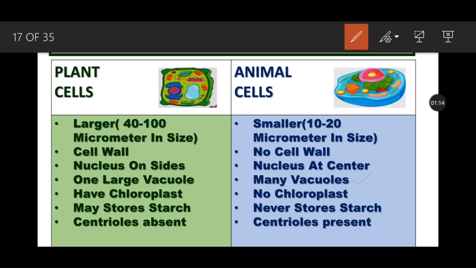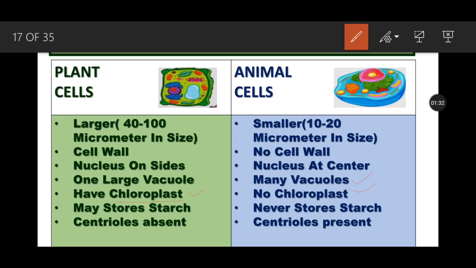Plant cells have chloroplasts. These are small green bodies present inside the plant cells, which are responsible for photosynthesis. But animal cells are not involved in photosynthesis, so they do not have chloroplasts.